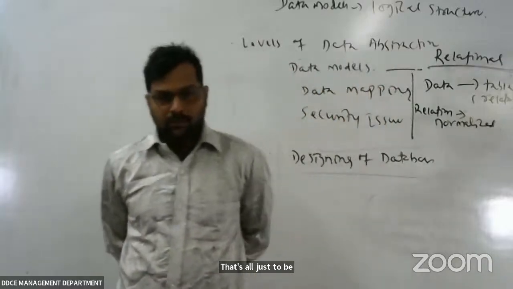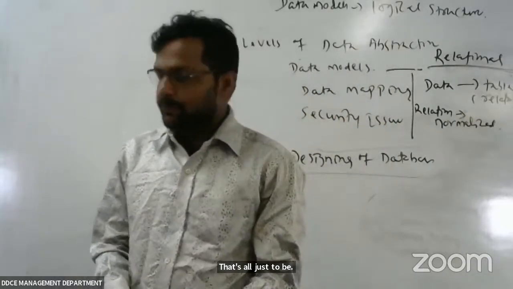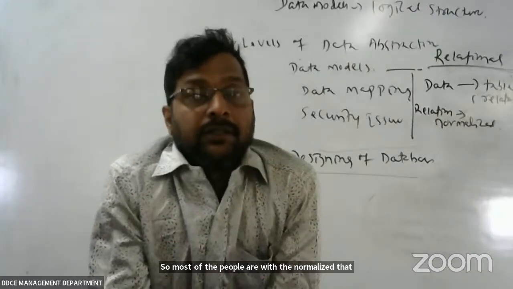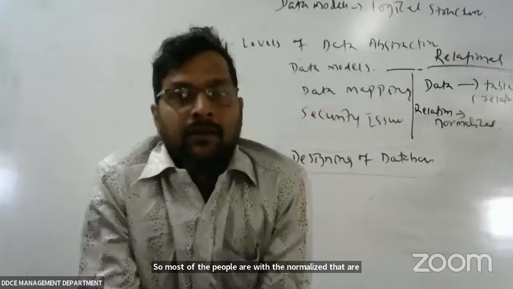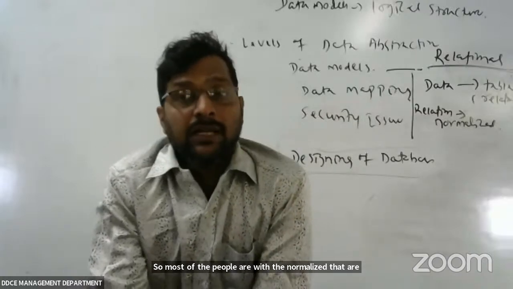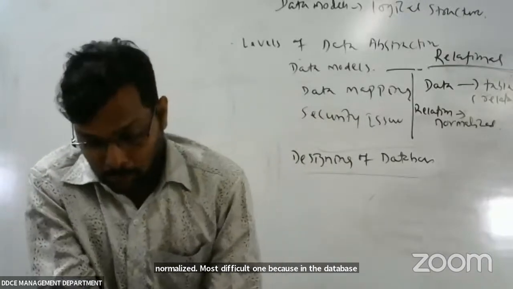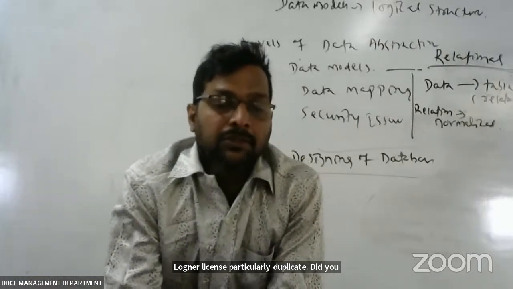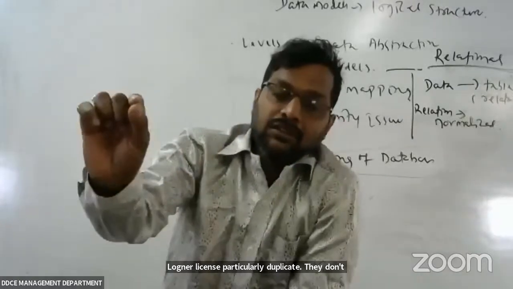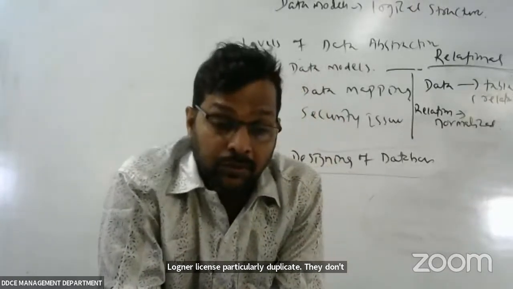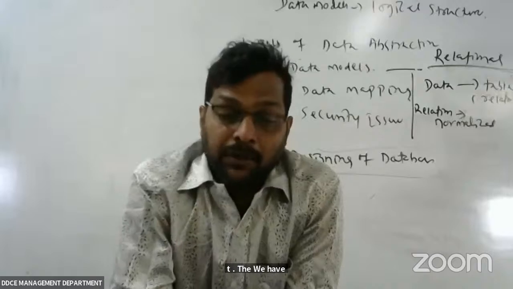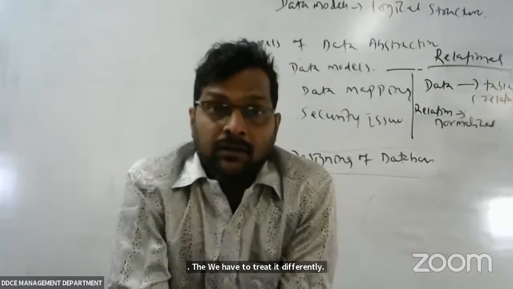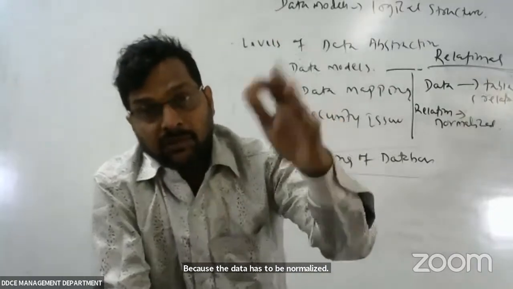The most difficult one is normalization. In database design, normalization is important, particularly for duplicate or redundant values, meaning repetitions of values. We have to treat them differently, because the database has to be normalized. The same thing we cannot repeat.